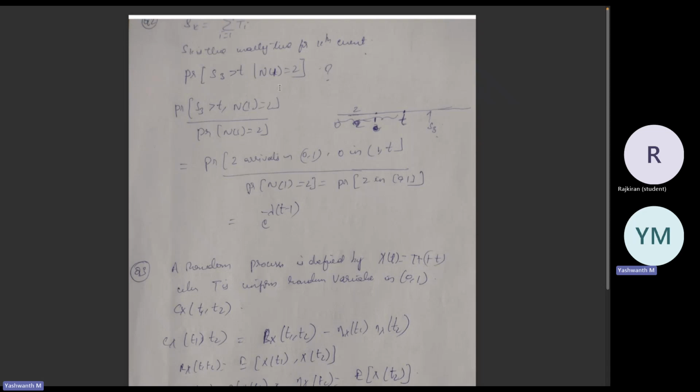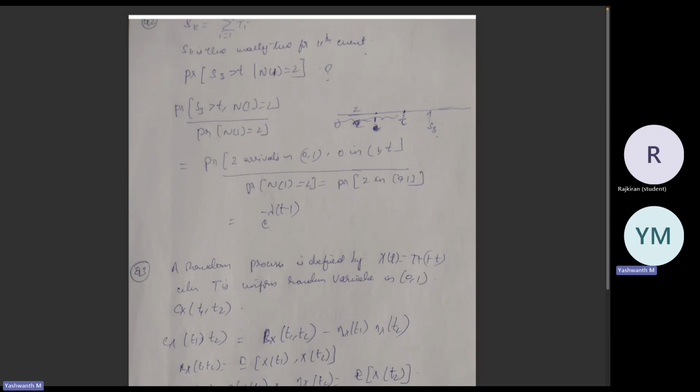Anyway, we'll think about it later. So this is the picture. Between 0 and 1, 2 time instants happen.